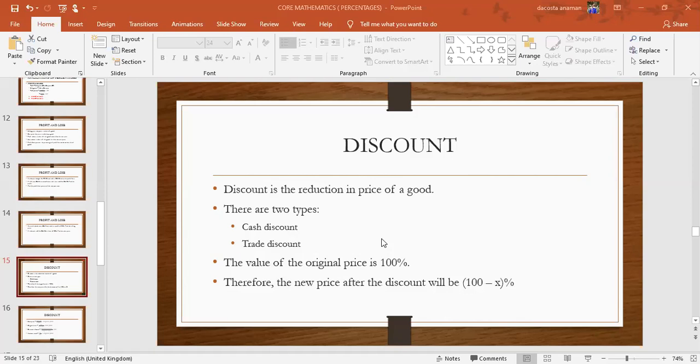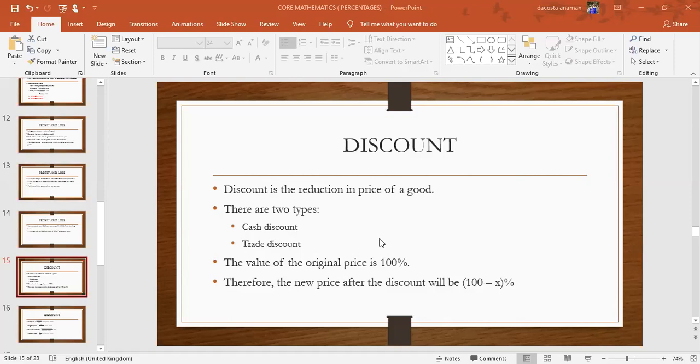So you buy phones, and the person will say 100 phones will cost maybe 30 Ghana cedis, but if you are able to buy 120 phones, I'll give you a discount of 5%. So the 5% is not on the price of the phone, but on the total quantity of phones that you'll be buying.